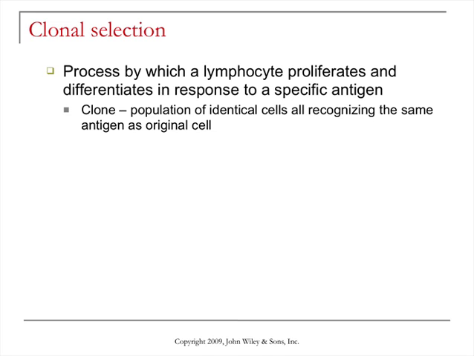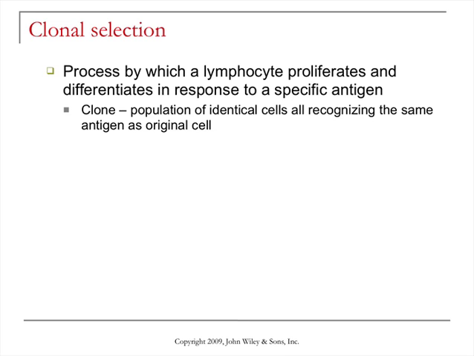So in other words, whenever an antigen enters your body, there will be just a few of the particular lymphocytes that are able to recognize that particular antigen. But after the lymphocyte undergoes clonal selection and divides over and over again, you'll have a large number of cells of the same type that are able to recognize that same antigen.